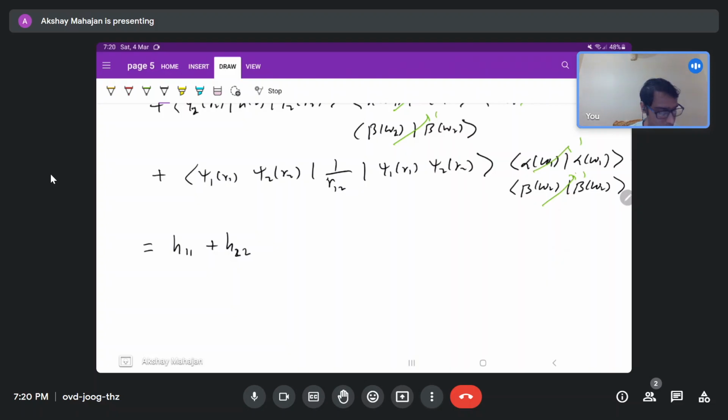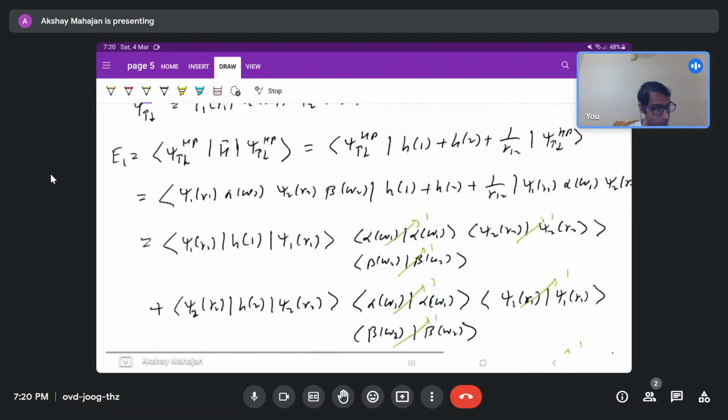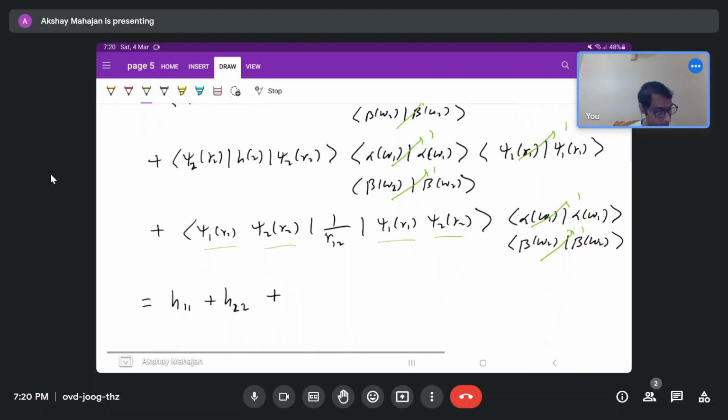So you will get the h11 element term, you get h22, plus this term. If you open it, you know this will be a Coulomb term, because we have psi1(r1) here and psi1(r1) here, so mod psi1(r1) squared, mod psi2(r2) squared, and 1 by r12. It is like the charge density of electron 1 interacting with the charge density of electron 2.